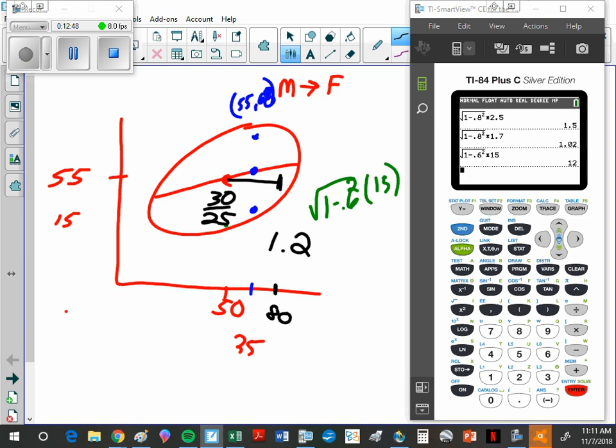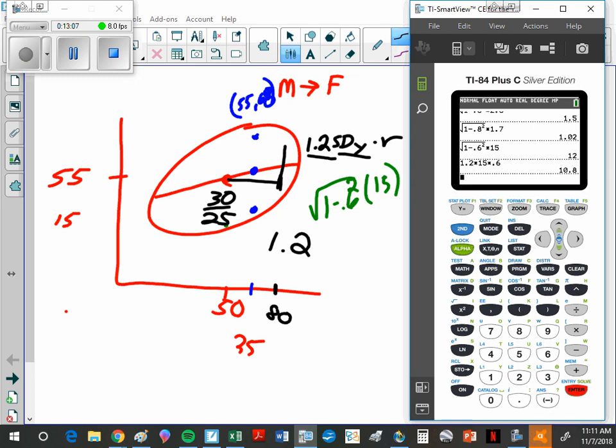So how do we find the Y value? I go up 1.2 SDYs. So 1.2 times the SDY times R. So 1.2 times 15 times 0.6. And that cuts this down to 10.8. And that is points on the test.